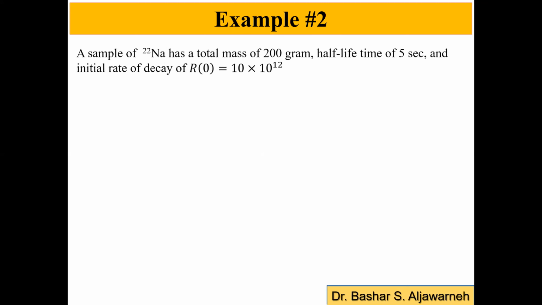Another example, for the same element: the sample has a total mass of 200 grams, a half-life time of 5 seconds, and an initial rate of decay of 10 times 10 to the power 12. Calculate the number of nuclei in this sample.